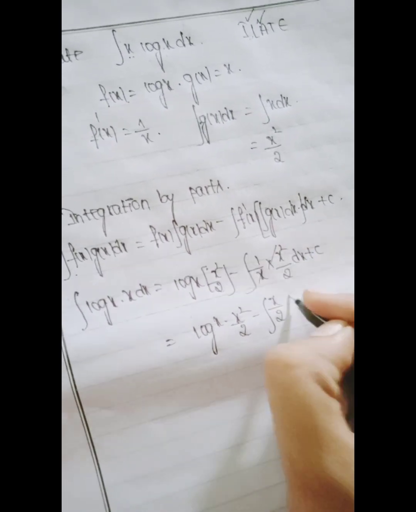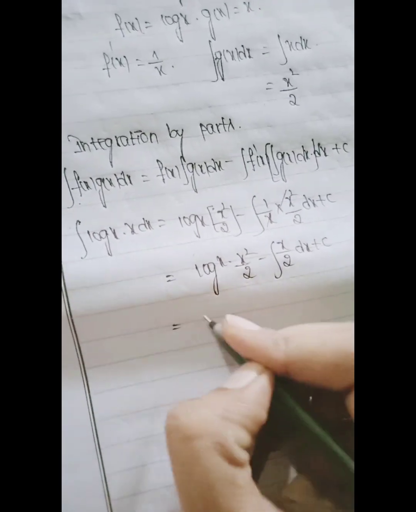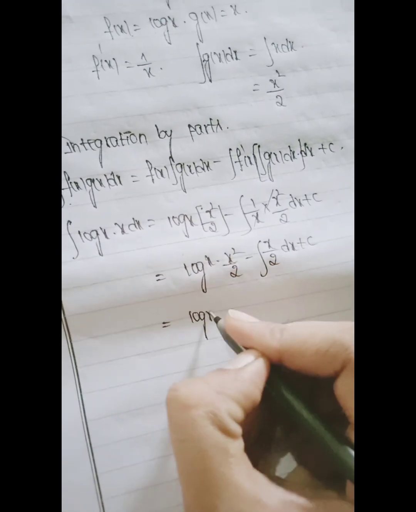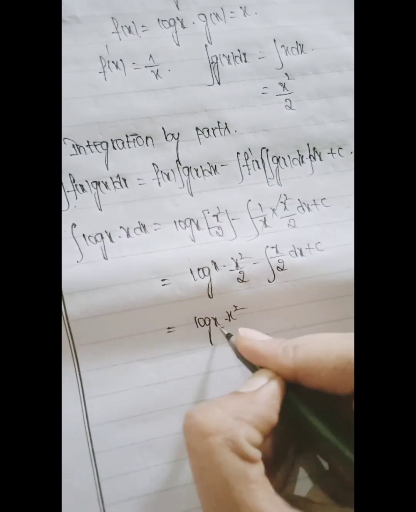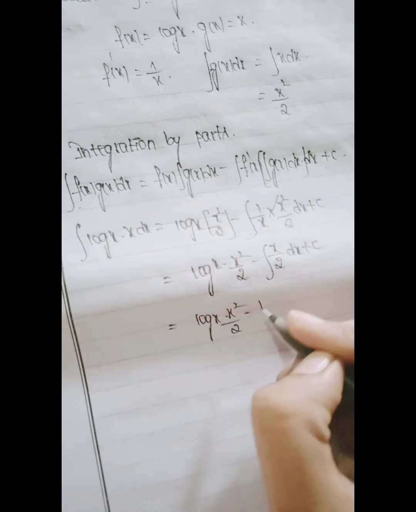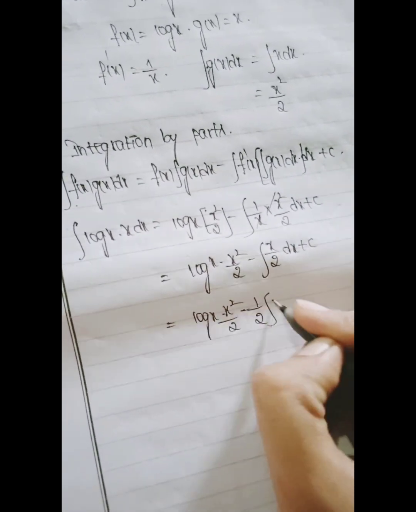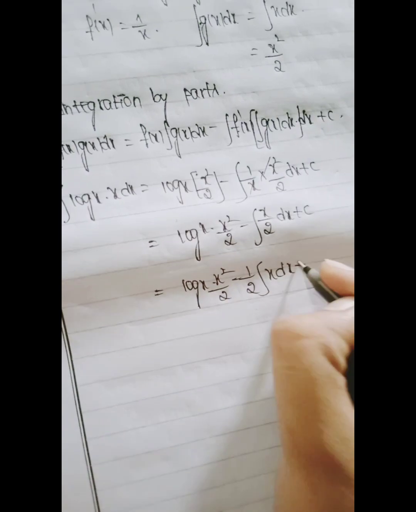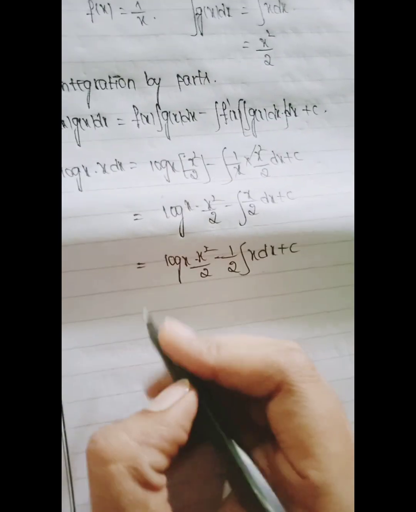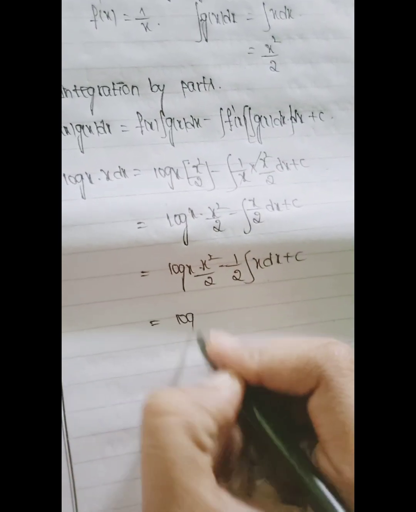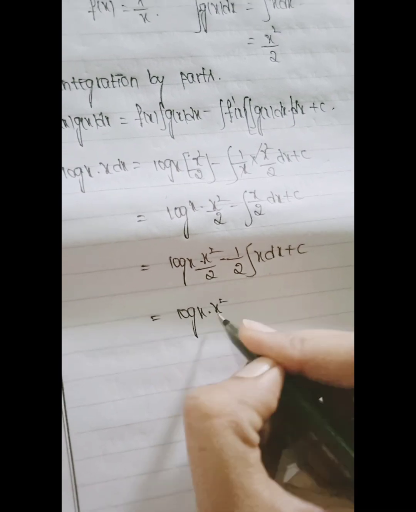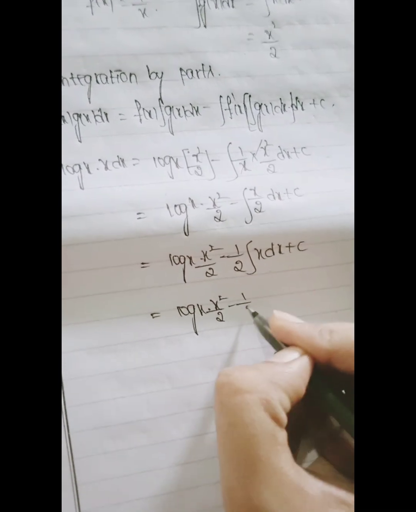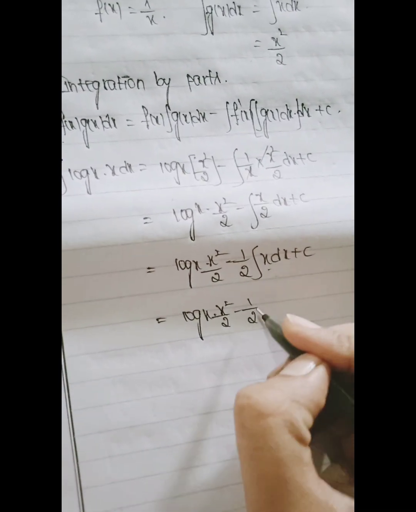The x cancels, so we get log x into x square by 2 minus integral x by 2 dx plus c. Taking the constant 1 by 2 aside, log x into x square by 2 minus 1 by 2 into integral x dx, which is x square by 2, plus c.